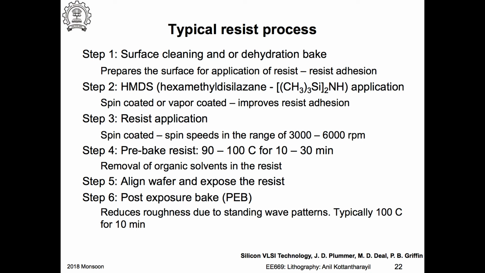And you can do a post develop bake, essentially to remove the solvents from the developer that is still remaining on the wafer. So this is the process. Low temperature baking is done many times. 140 degrees centigrade is also the temperature at which you bake your bread, for example.